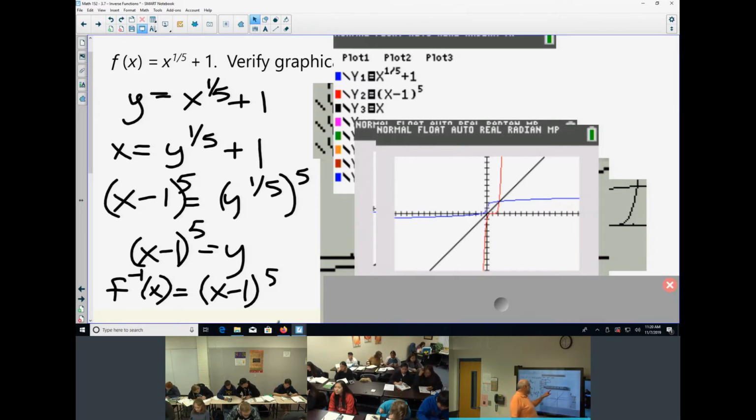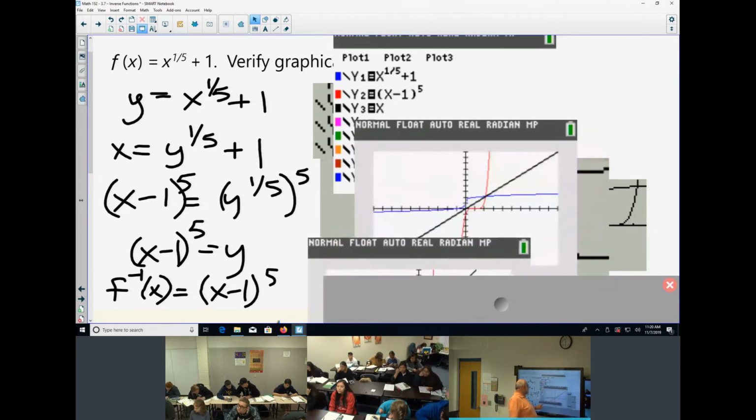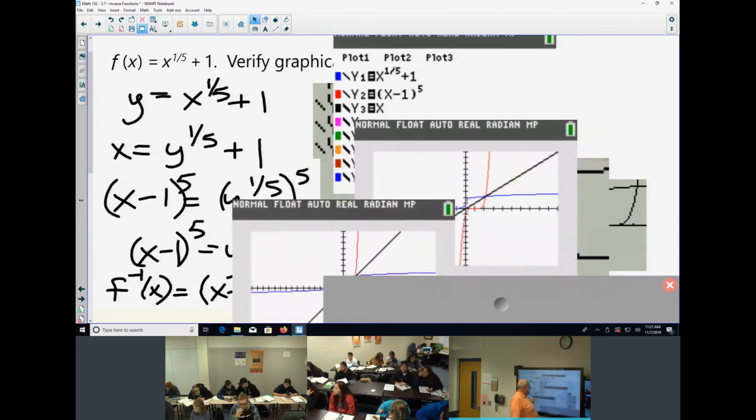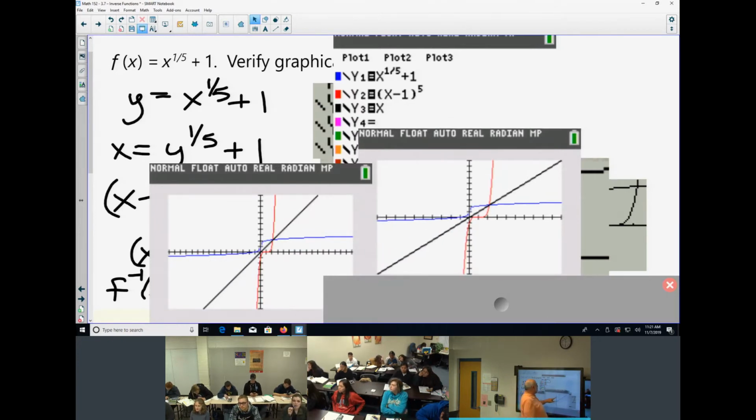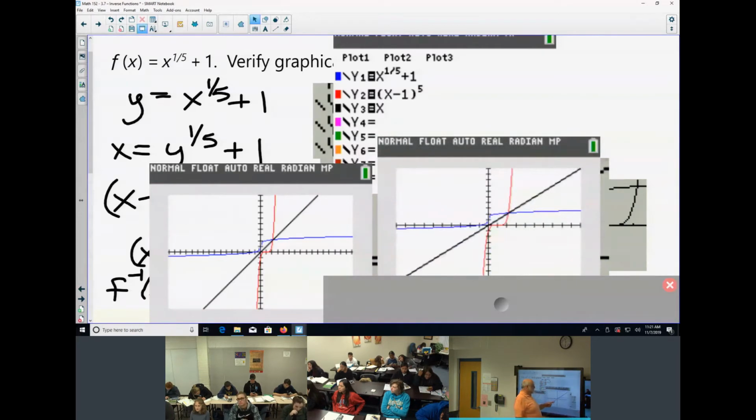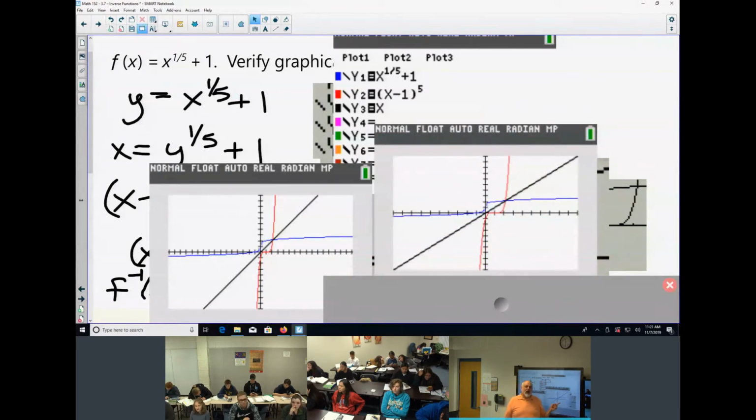Now when you graph it, it might look elongated, where it doesn't look like a true mirror image. How can you fix that? The window. Yeah, you do zoom square.